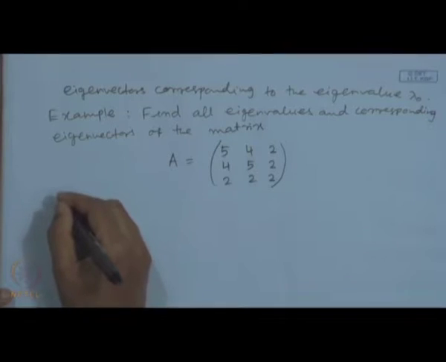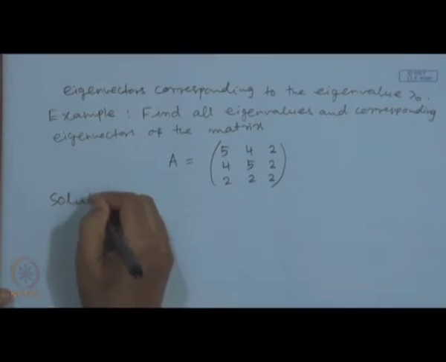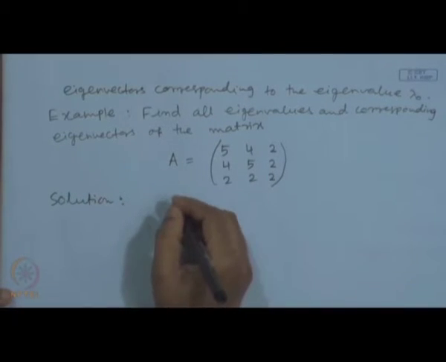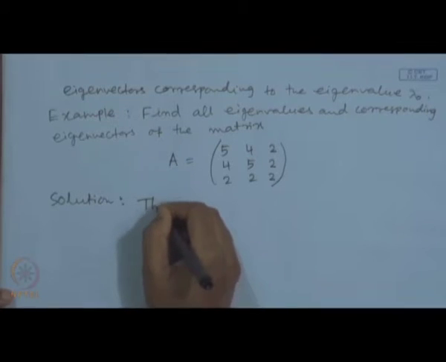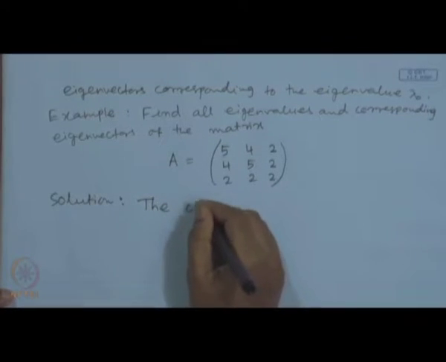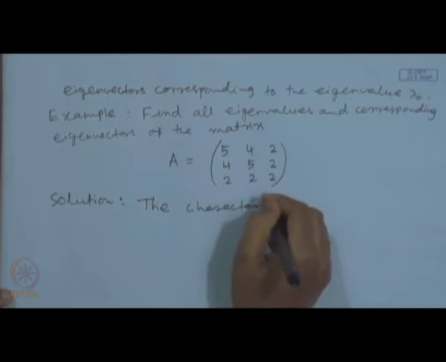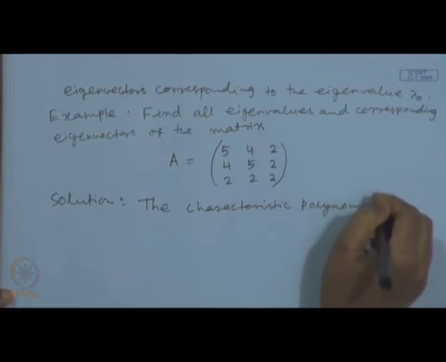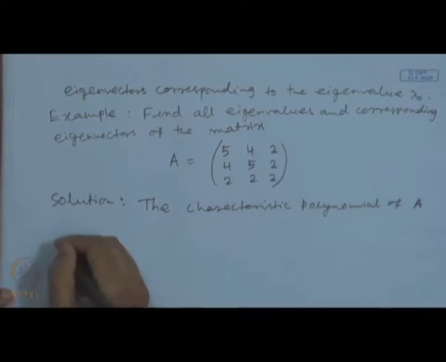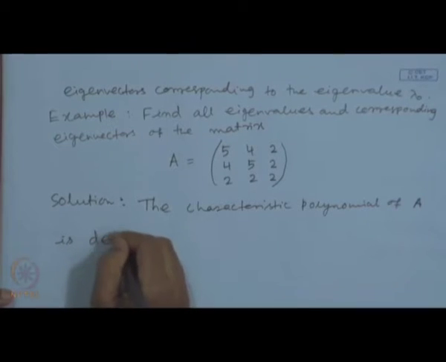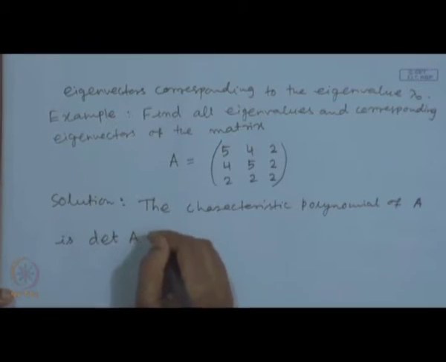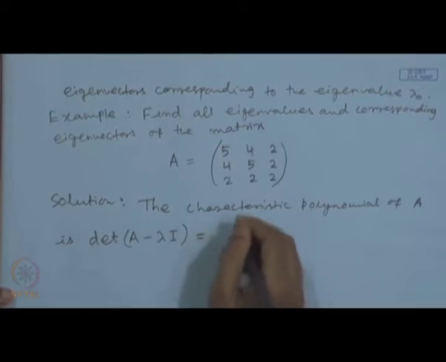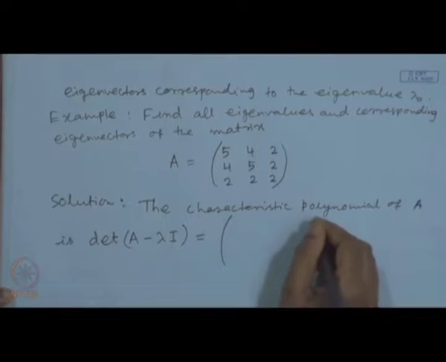So, we solve like this. Solution: first we find the characteristic polynomial of A. The characteristic polynomial of A is the determinant of A minus lambda I. Here we consider I to be the 3 by 3 identity matrix.